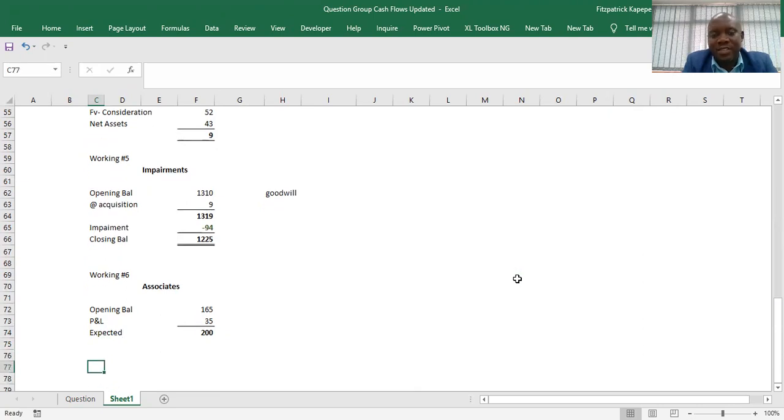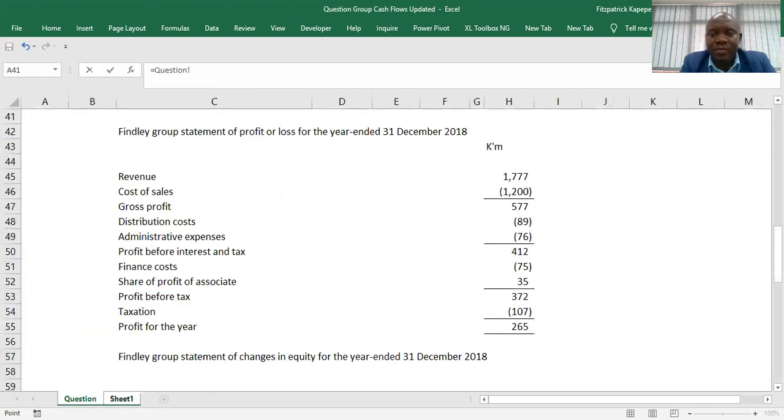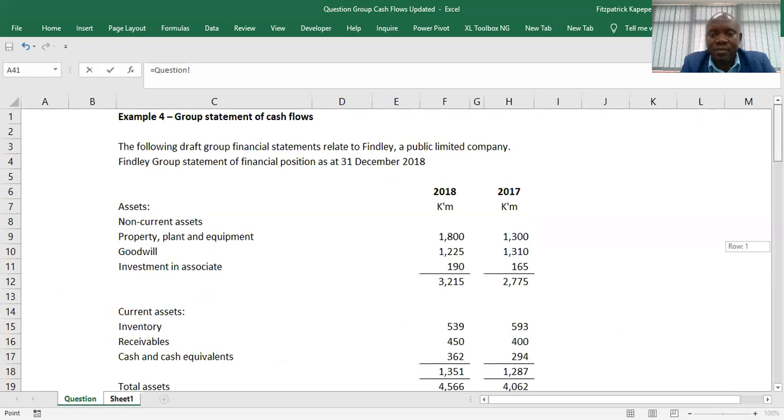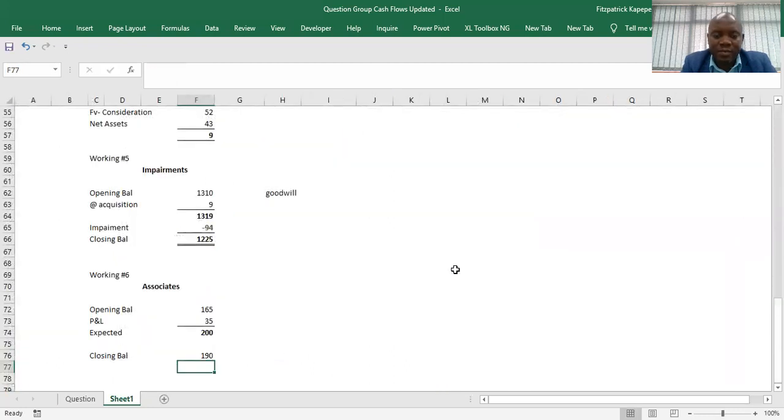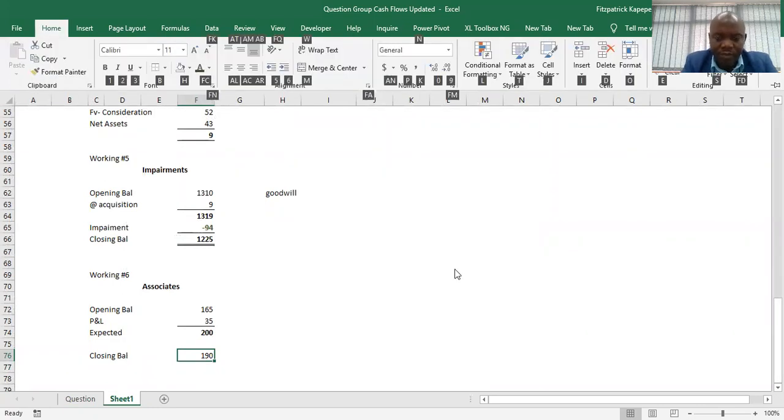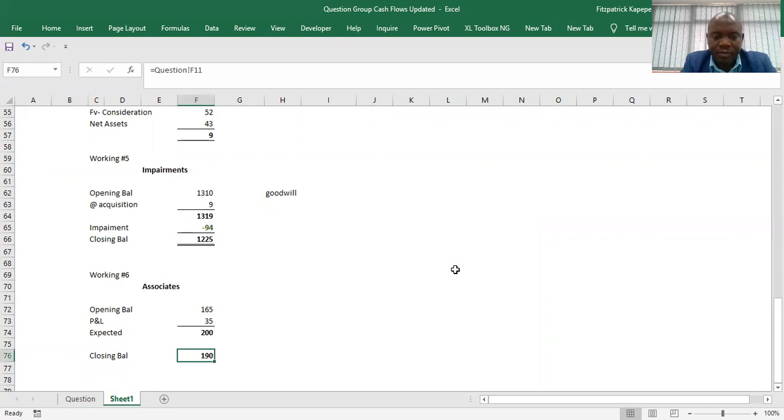But what are we told? What's the closing balance? The closing balance, guys, we come there and pick the closing balance. Right there. So what was received?